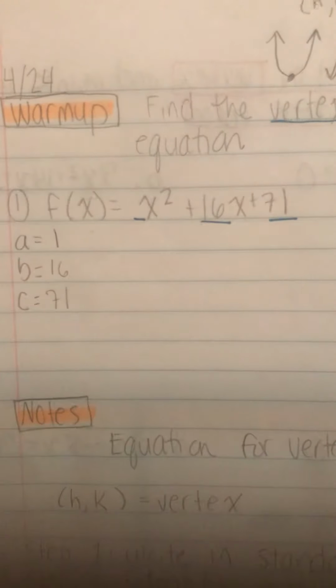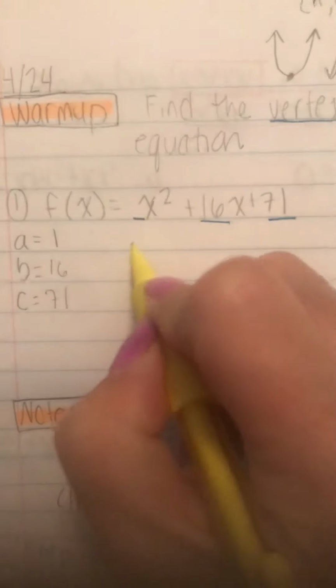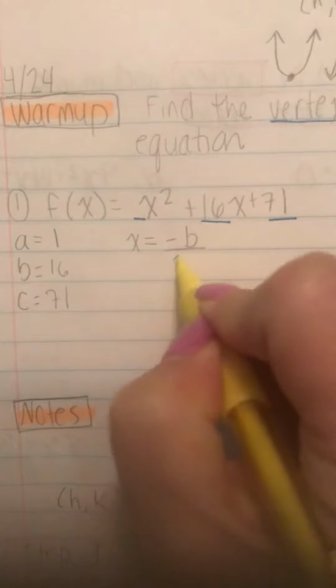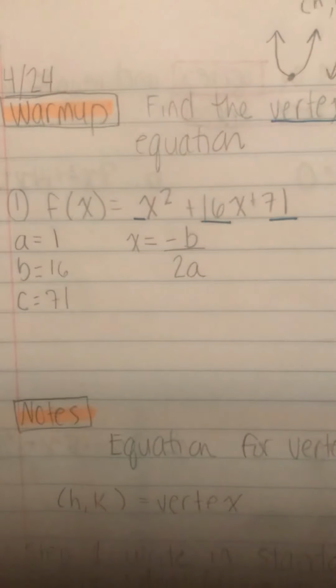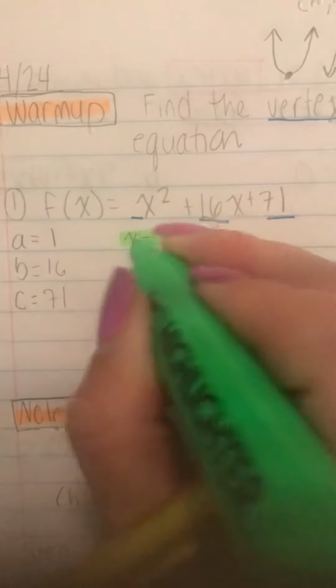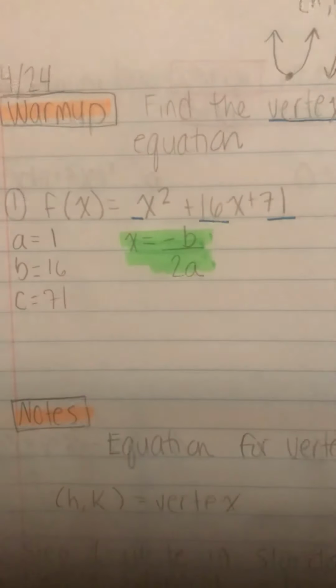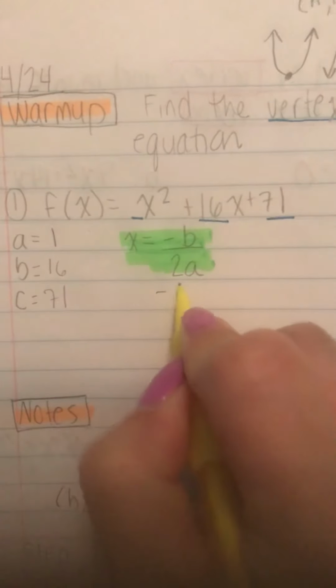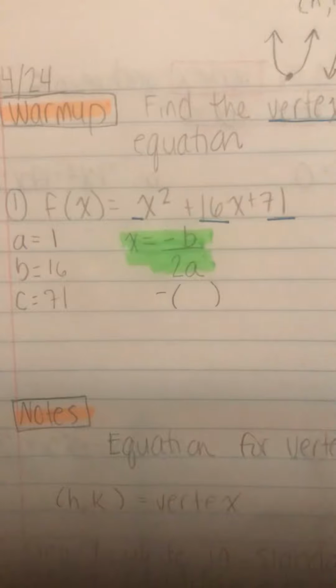Now, we need to know our formula. Our formula is x equals negative b over 2a. We wrote that in our notes about 6 times the other day, and we highlighted it. This negative is in the formula, so it'll stay on the outside. You plug in whatever number you have for b.